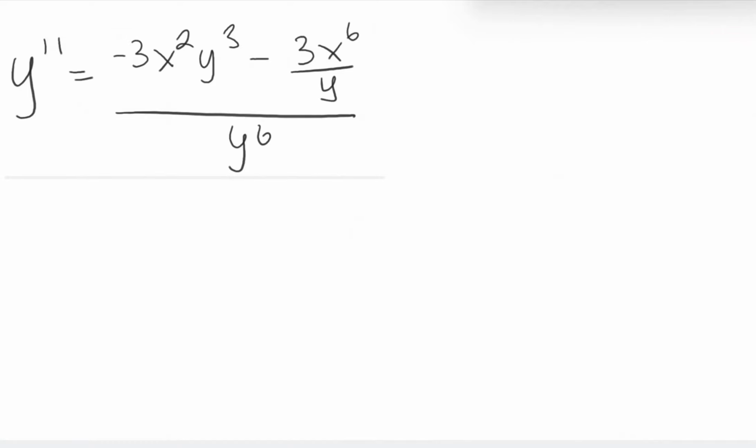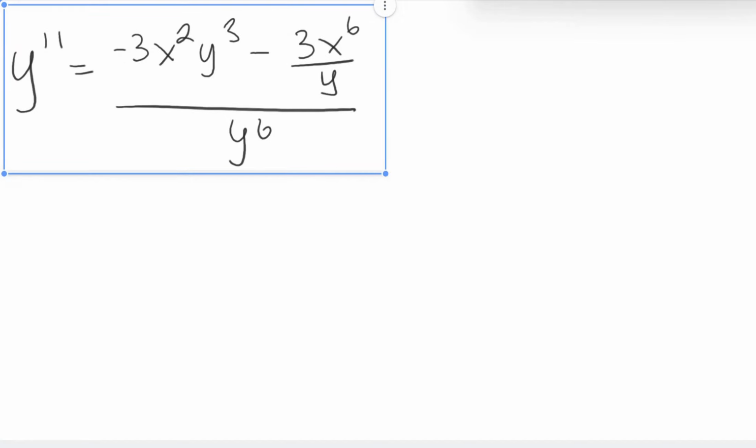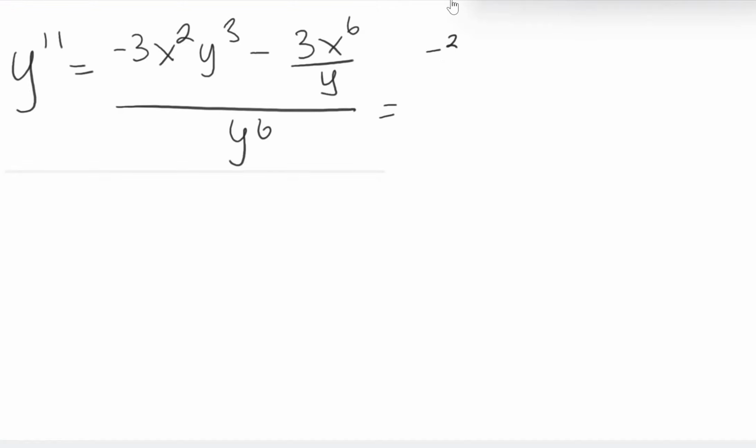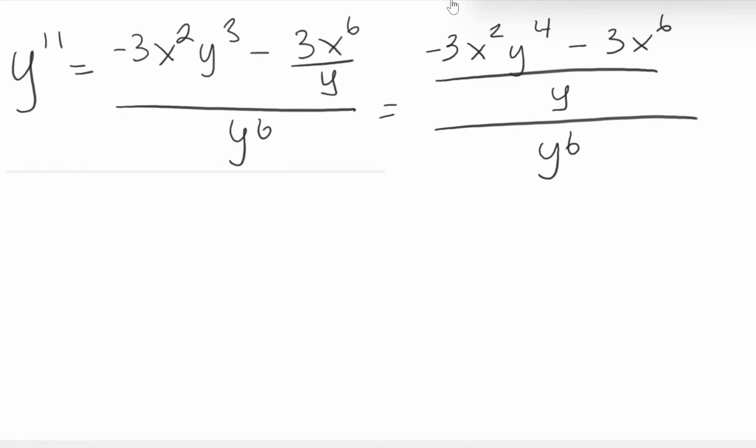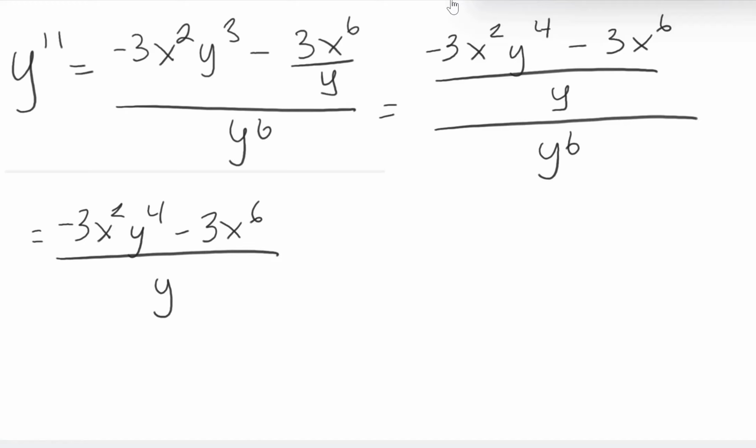All right, so we need to get the y's together, right? We've got a y on one, but not the other one. So let's change that so I have y on both of them. So I'm going to make this negative 3x squared y to the 4th minus 3x to the 6th all over y to the 6th, which I'm then going to make negative 3x squared y to the 4th minus 3x to the 6th over y to the 7th, because I have the y underneath that.